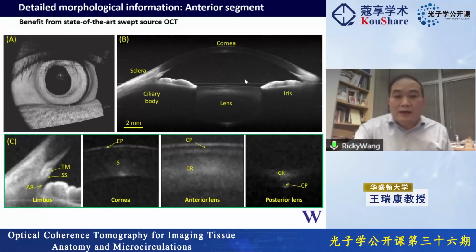Okay, and you can also look at the lens. Of course, that's very important, because when people are aging, their lens gets stiffer, right? And so you can use the OCT system to look at the stiffness of the lens, and also the stiffness of the iris.